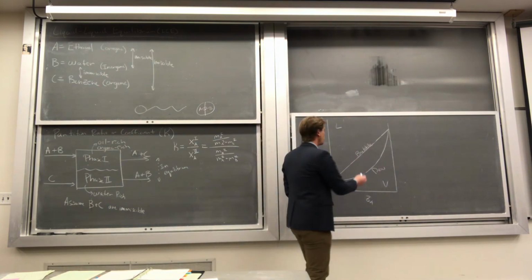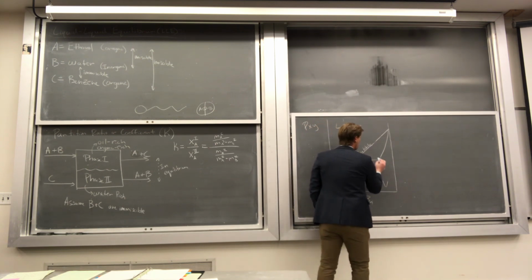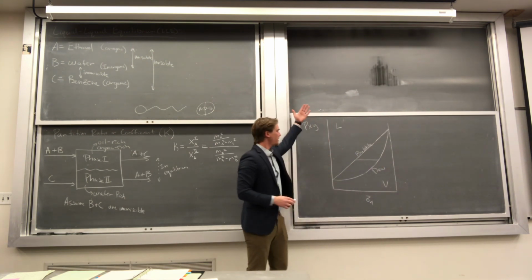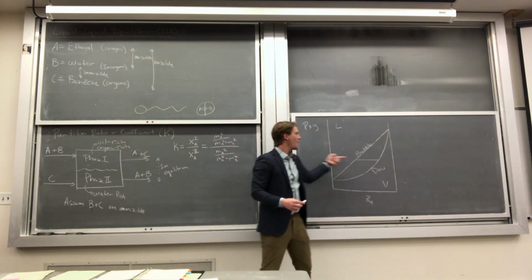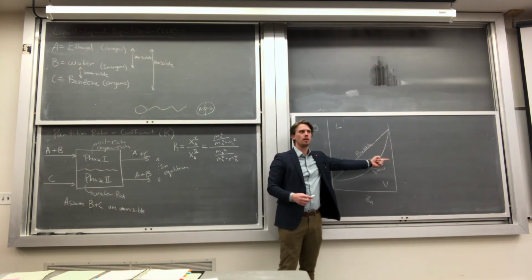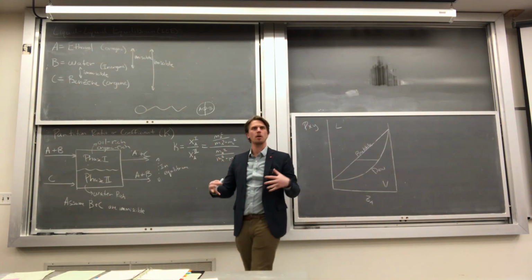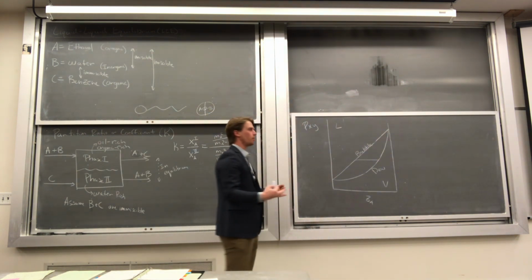So then I'm going to draw a horizontal line, right? Remember, this slice is constant temperature. This line is constant pressure. So I have to have constant temperature and constant pressure to have my phase equilibrium work out.